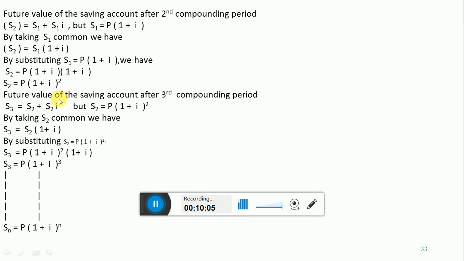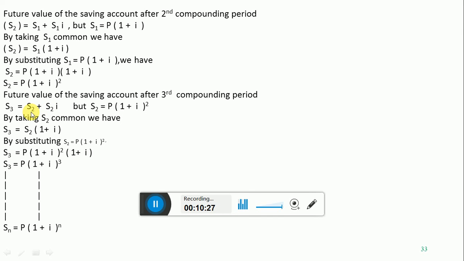Now the future value of the saving account after the third compounding period. Again we will repeat the same process. This is S3, the future value after the third compounding period: S3 is equal to S2 plus S2I. Again, this is P plus PI. But why am I putting S2?